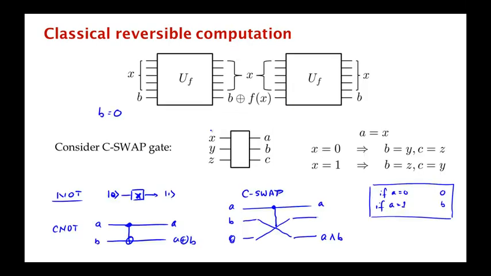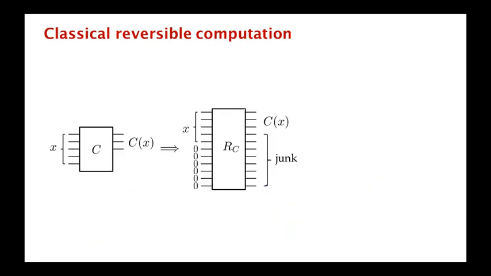Because each of the constituent gates is a NOT, CNOT, or C swap, and all these are unitaries. So this circuit can be implemented by a sequence of unitary gates. And so we can equivalently write down a unitary circuit corresponding to this, which on input X and zeros will output C of X and junk of X.